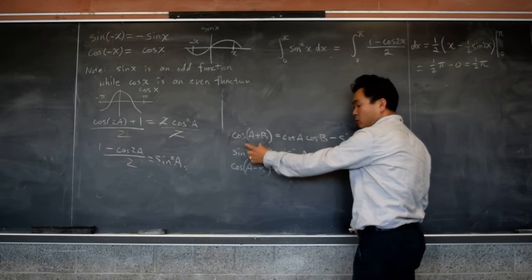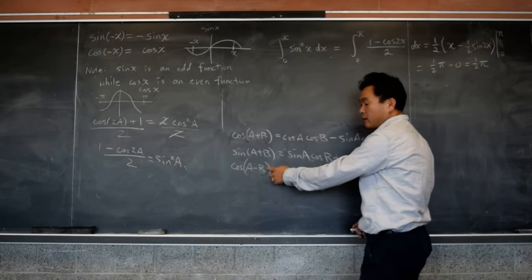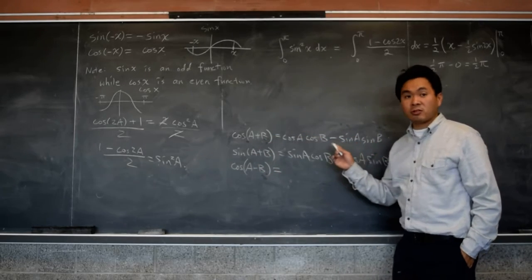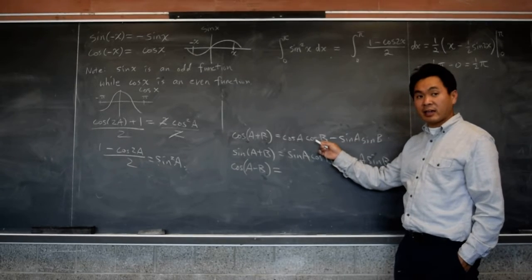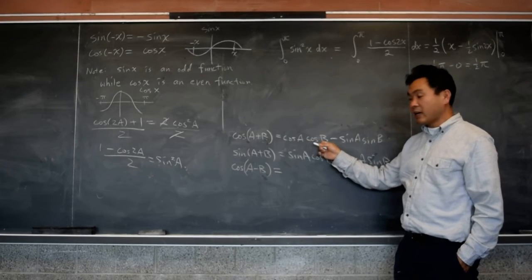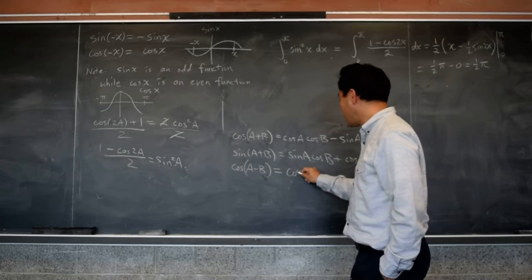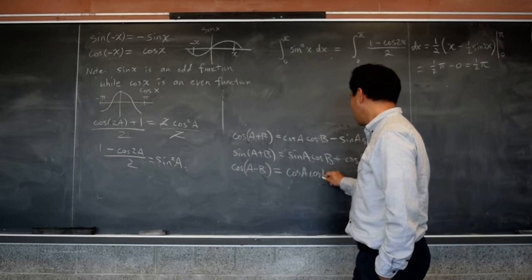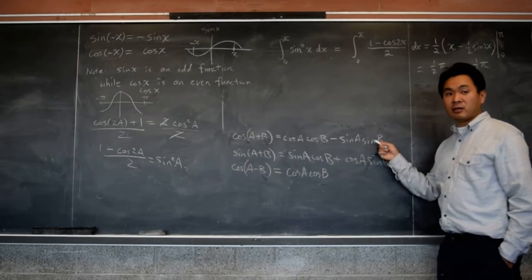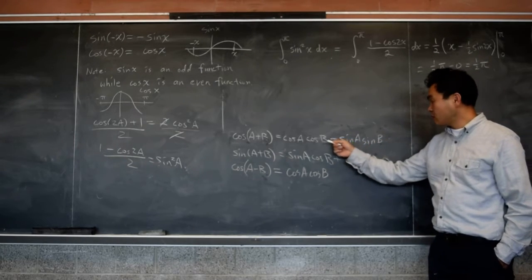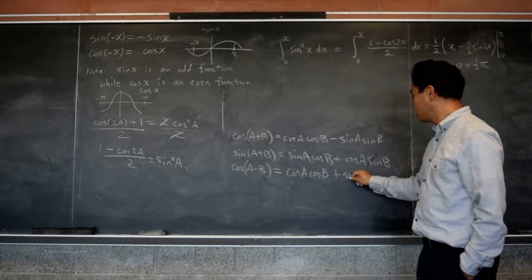If you took this and replaced your b by negative b, you get this one. So on here, you should do the same. You should replace the b by negative b. But what's cosine of negative b? Cosine b. It's the same as cosine b, so that doesn't change. What about sine of negative b? Negative sine b, so the sign does change. So in this case, this will be plus.